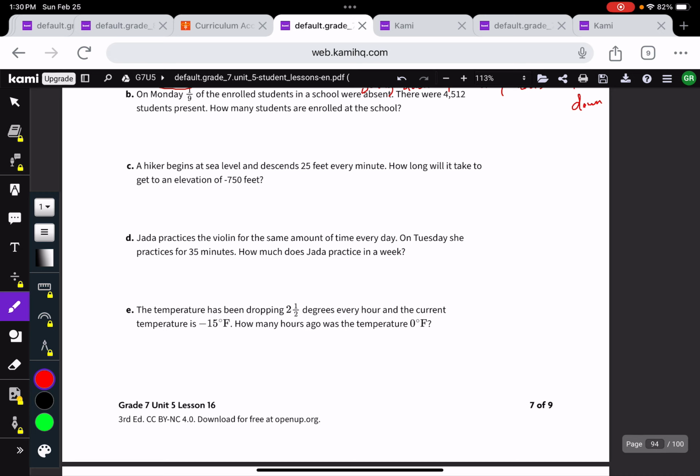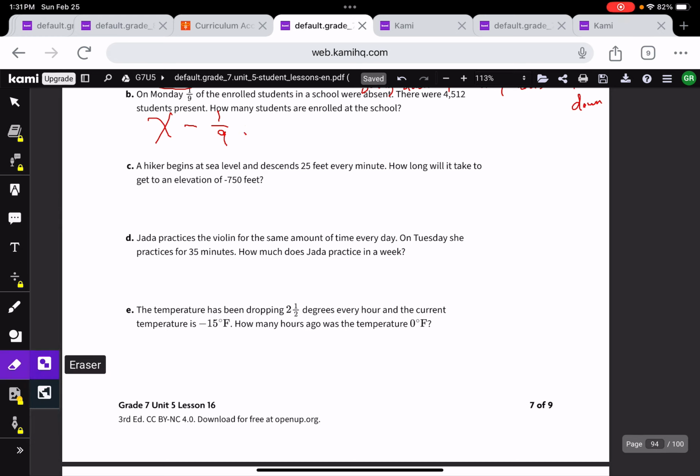All right, we've got to write an equation for this. There are lots of ways to go about this, but let's start with the number of students.